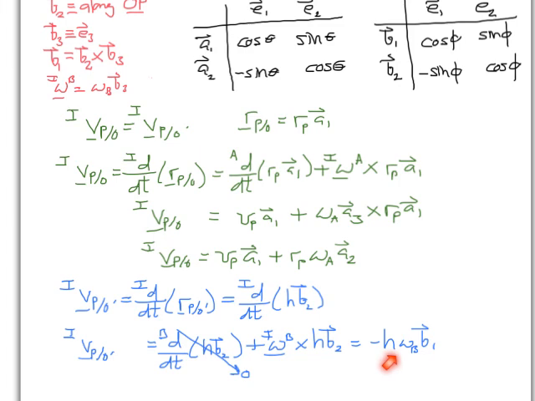Likewise, this term should make sense because the velocity component is in the negative B1 direction, and it has a magnitude of this lever arm multiplied times the angular speed, which causes what we call a tangential velocity in this circle around point O prime. So we now have our two expressions that we'll set equal to each other.